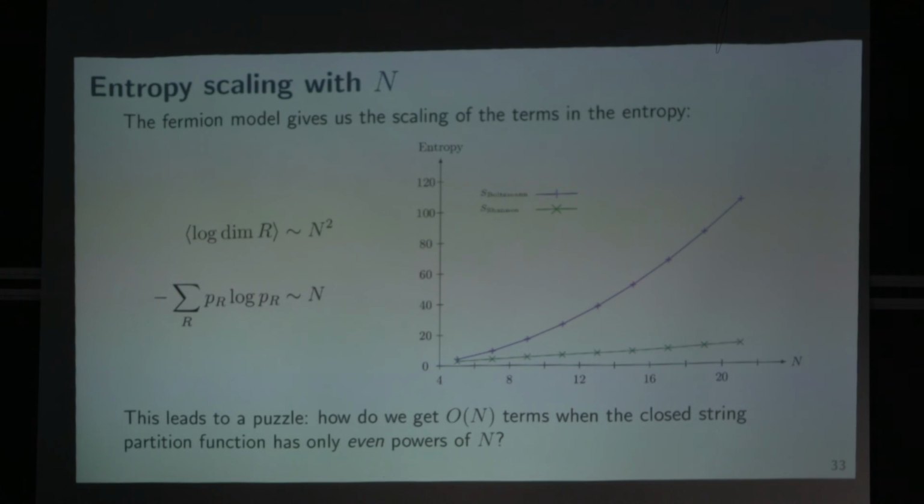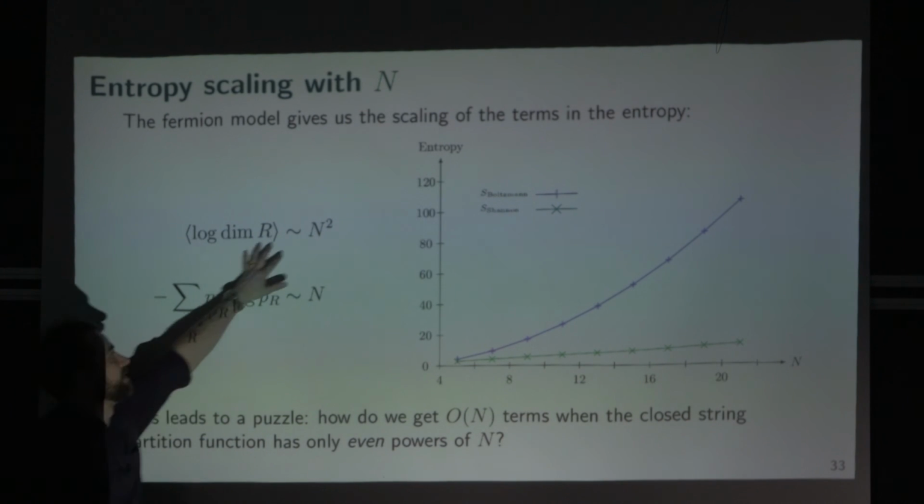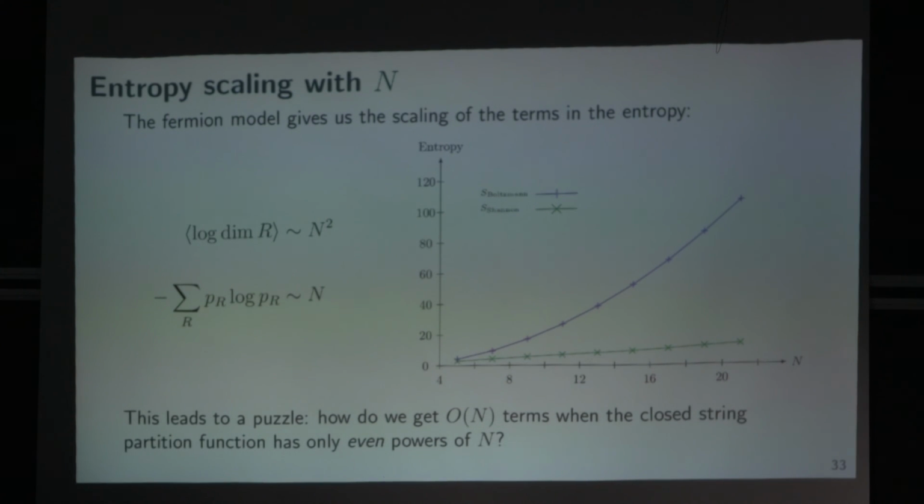And just the fact that it's pairwise, you're summing over pairs of fermions, and there are n fermions, you get an n squared scaling. The other term, what is it? Well, it's fluctuations of the fermion configuration, which is just the ordinary thermal entropy of the fermions in this potential. And so it's the entropy of n fermions, and it scales like n.